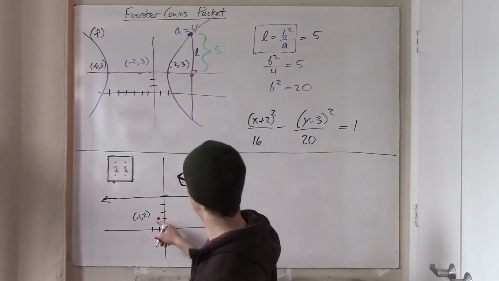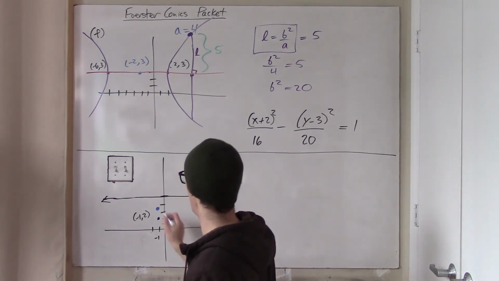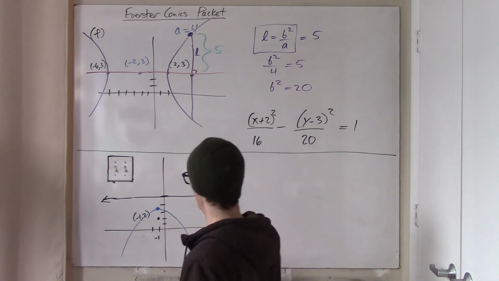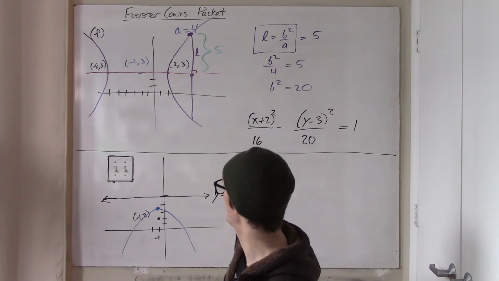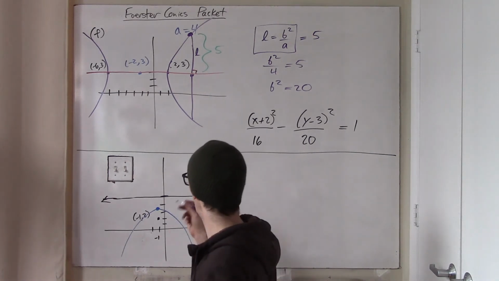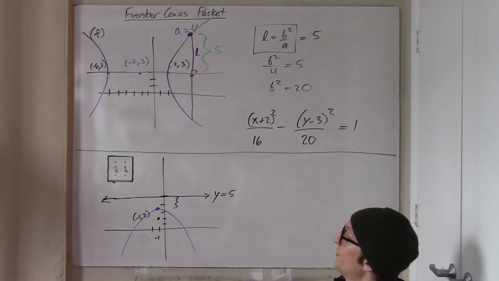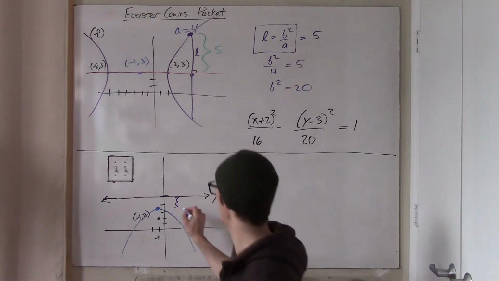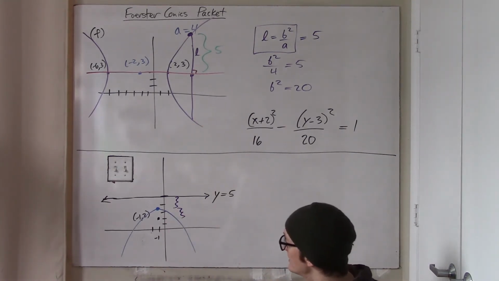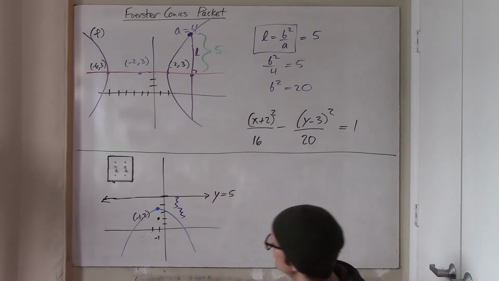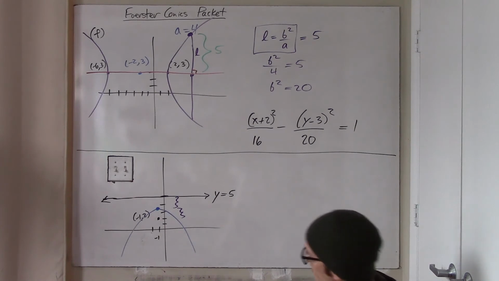Well, the vertex will be halfway between, and then it's just going to be a parabola. The distance from the vertex to the directrix, and also from the vertex to the focus, because of course those have to be equal, is 3/2, because the focus and directrix are 3 apart from each other, so they're each 1.5 away from the vertex.